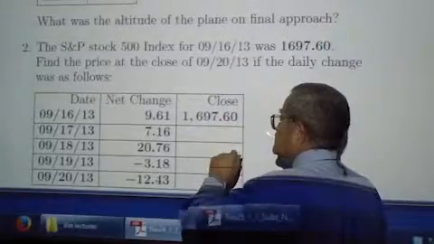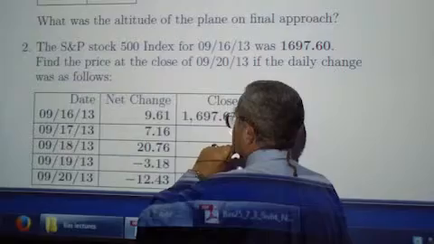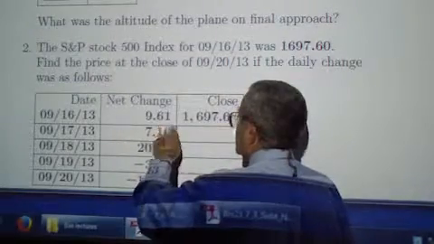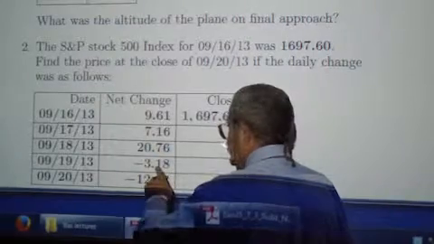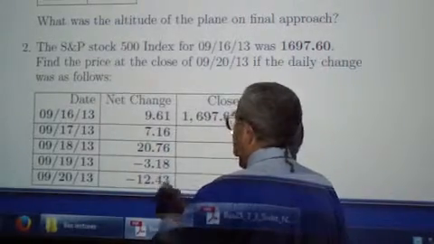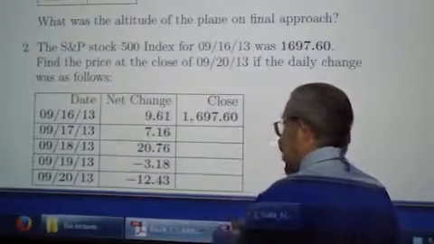This was the close, and this was a net change. That was on the first day, the second day, the third day, the fourth day, and on the fifth day you went down. So first you go up, then you go down. What is it at the end?